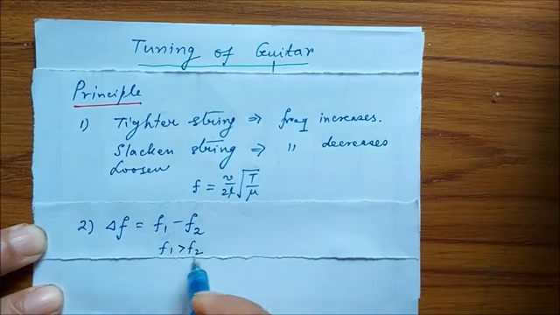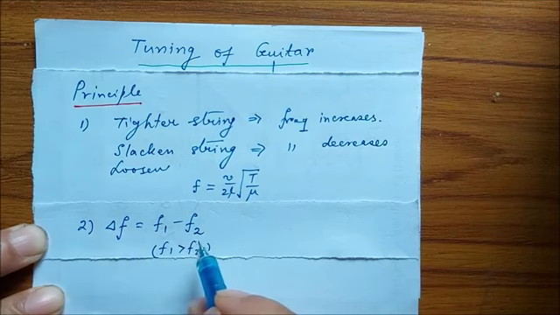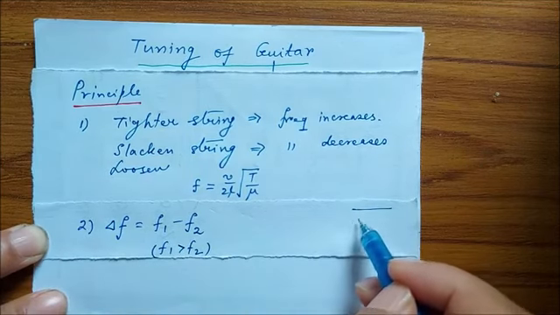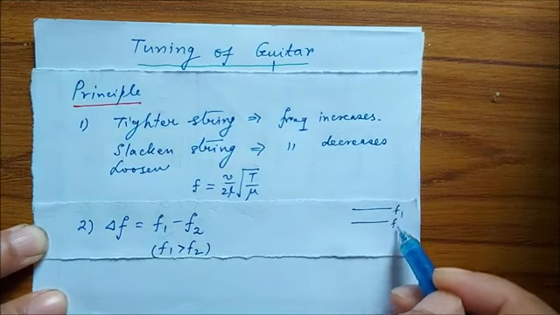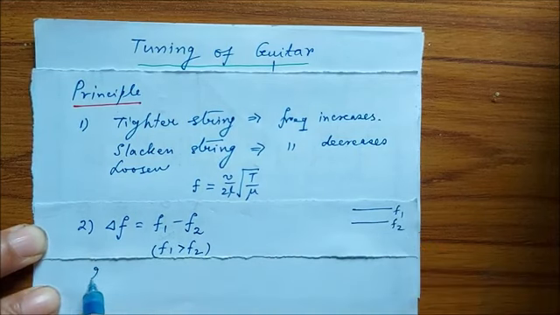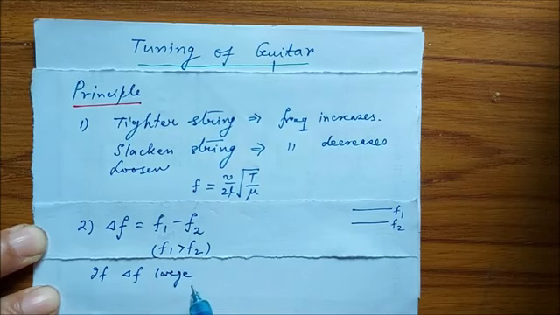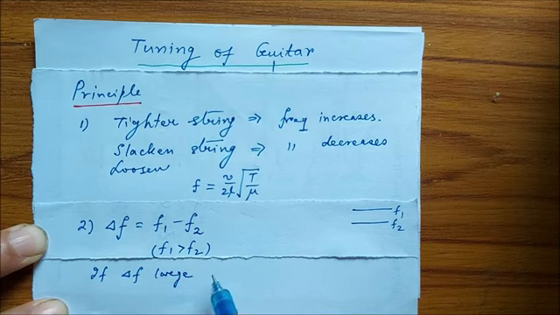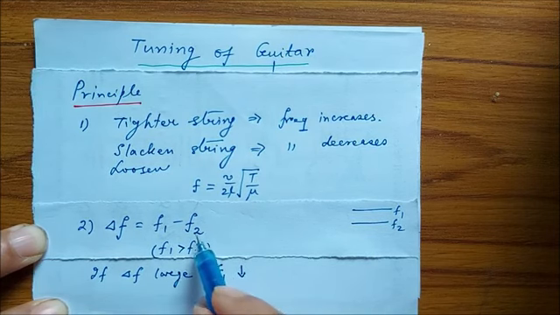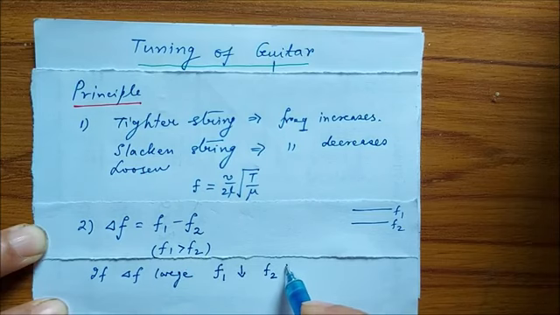Suppose F1 is greater than F2, F1 and F2 being frequency of two strings. Now if more beats are heard, that is if delta F is large, then what we should do is we should reduce the frequency F1, which is the larger of the two, and increase the lower frequency, that is increase F2, the lower of the two, say.